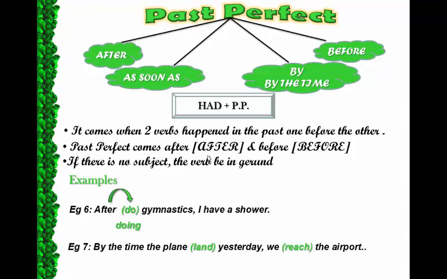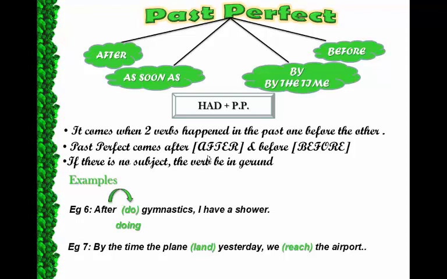Example number 7. By the time the plane landed yesterday, we reached the airport. As you see here, we have yesterday, so both of the actions happened yesterday. By the time, it's exactly like before. So we use the past perfect before.